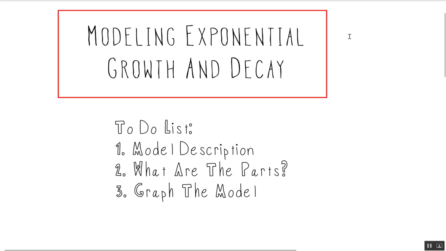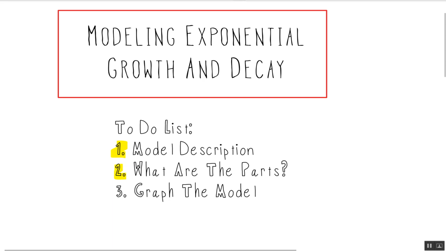Today we're talking about modeling exponential growth and decay, and here is our to-do list. First, we'll talk briefly about the model, a growth model or a decay model that's exponential. Second, we'll talk about what the parts of the model are.